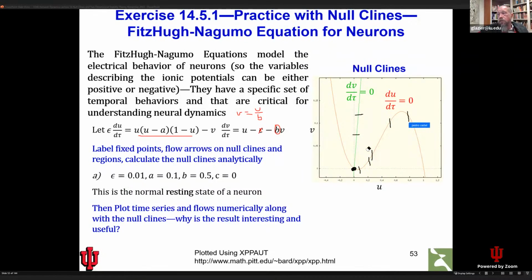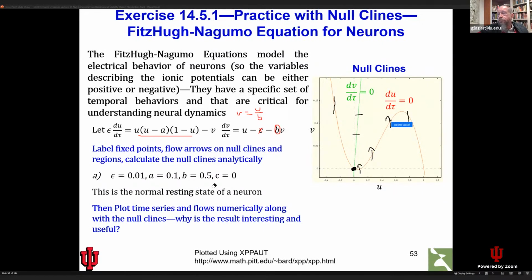Pick a point which you can evaluate. dV/dt is a good one to start with. Am I going up or down? If U is positive and V is small, then I'm going up. So can somebody put the arrows on those lines that Pedro's drawn?